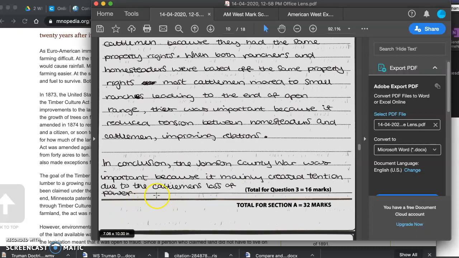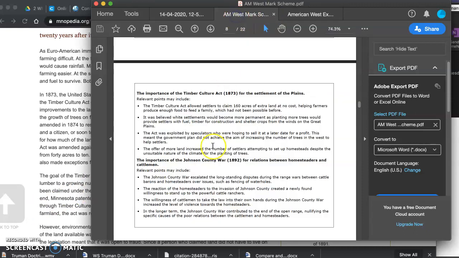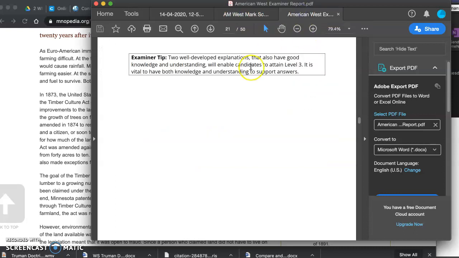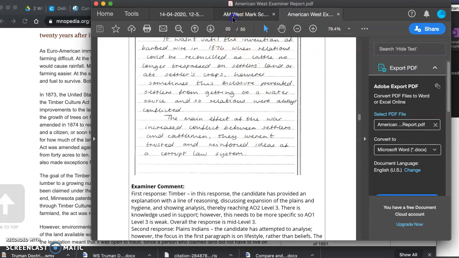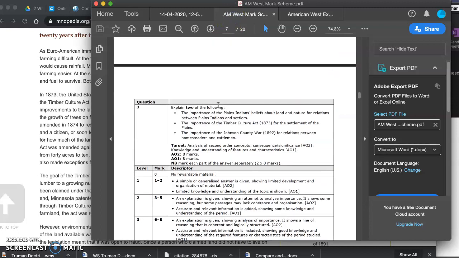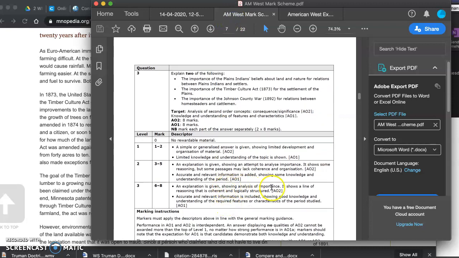Probably could have done with a little bit more context about the animosity between them, but I'd say overall there's certainly enough in there to merit marks for knowledge of quite a few characteristics of the period. I would say that's 7 or 8. So let's go for 7 on that one. Well done.